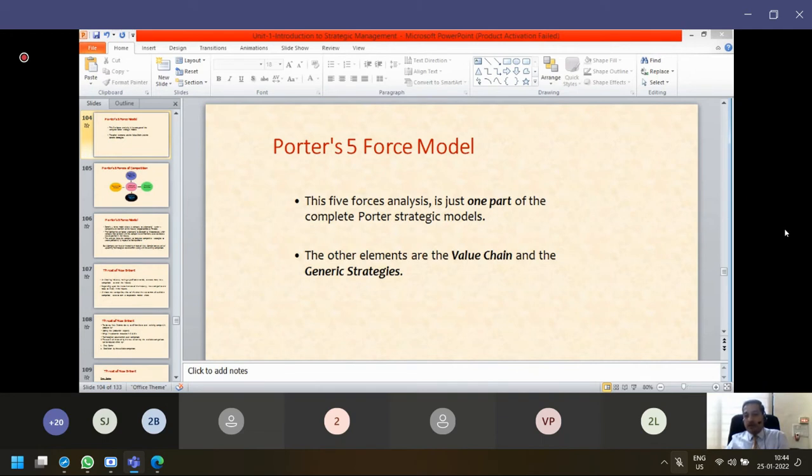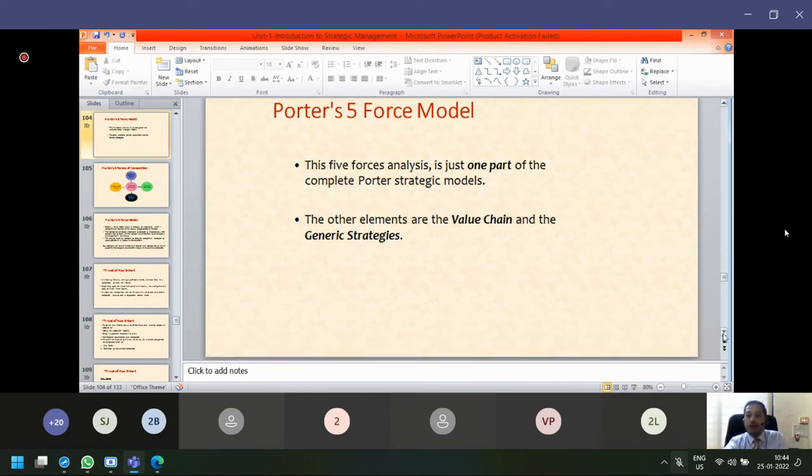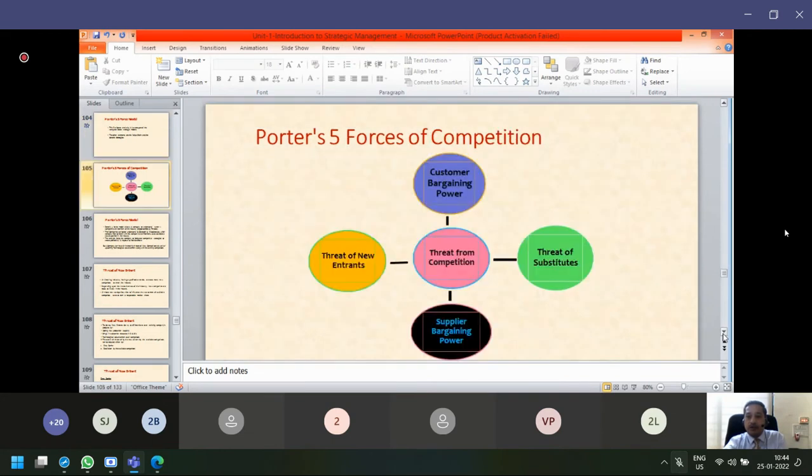There may be other elements like the value chain and generic strategies that we may discuss in the subsequent units. However, here we'll focus on this 5 force model, how it describes the 5 forces of competition and how it helps us understand the attractiveness of a particular industry.